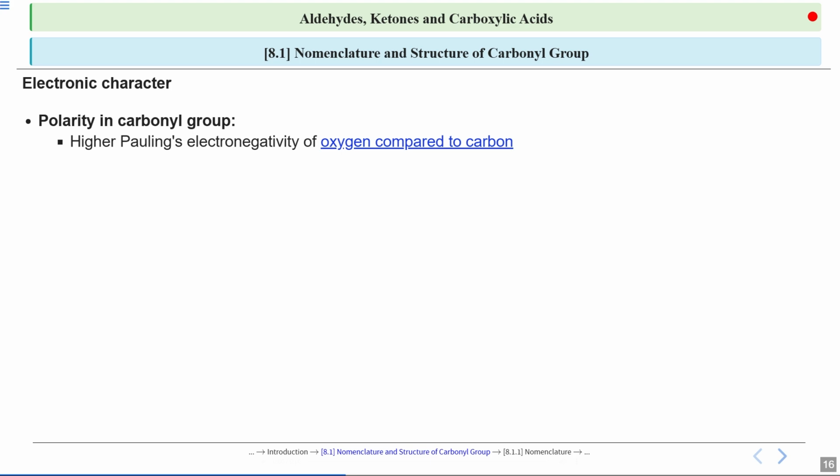I expect you know that electronegativity is a measure of an atom's ability to attract and hold on to electrons. So oxygen pulls the electrons towards itself more strongly.